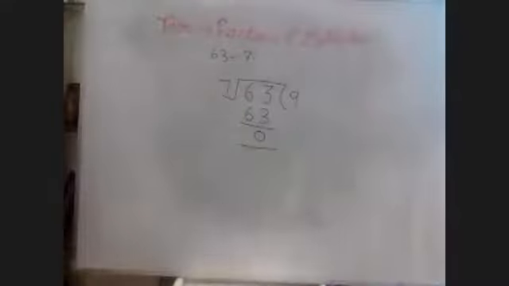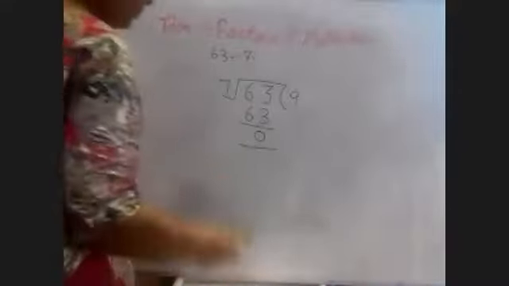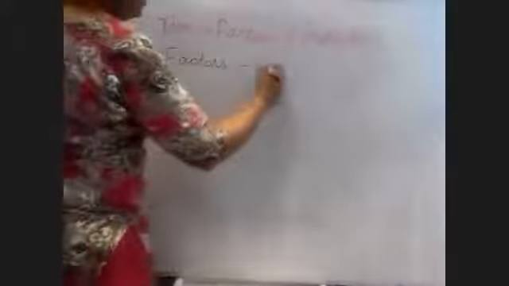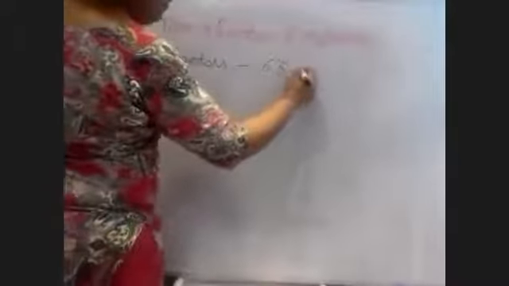Now, what are factors? A factor means small parts of a whole number. For example, we divide 63 by 7 and our answer is 9.